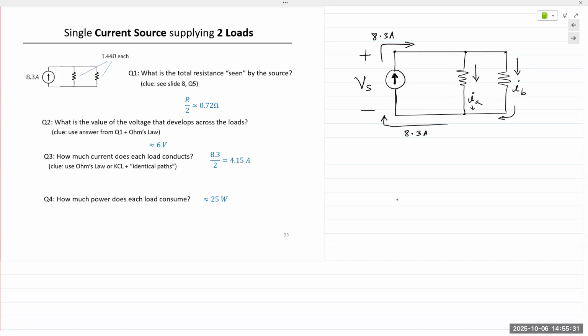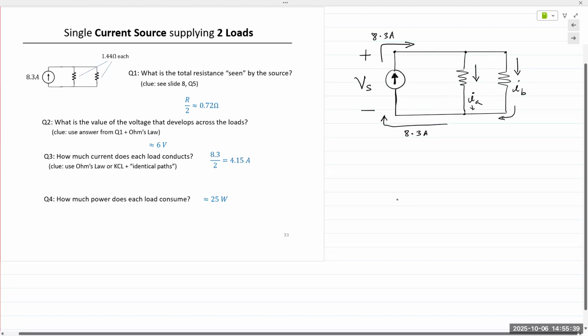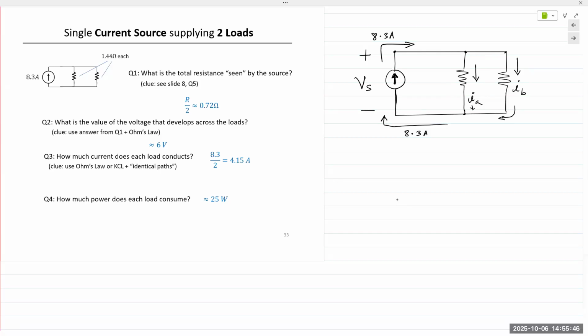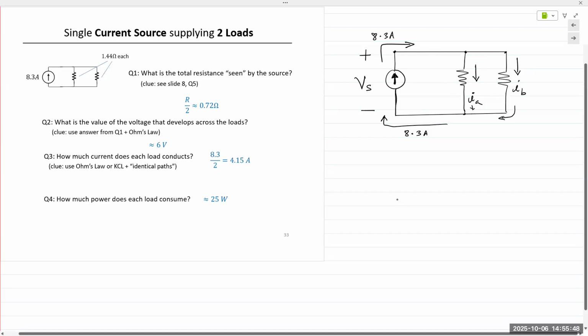Important thing to keep in mind is that the voltage that appears across a parallel connection is a result of all of those resistors working together. And that's why it's the same voltage. It's the combined effect of all resistors working together.